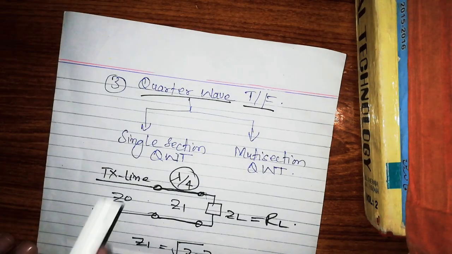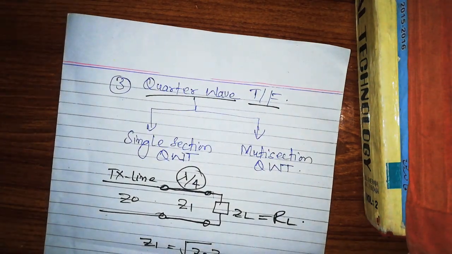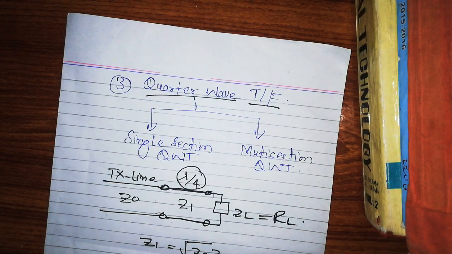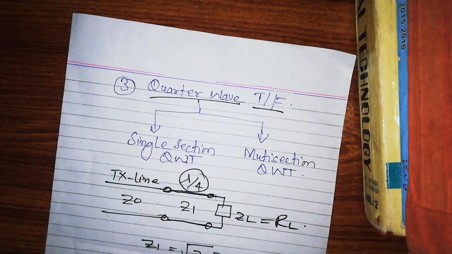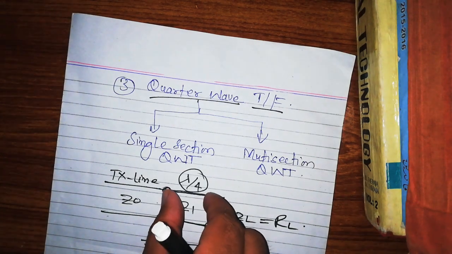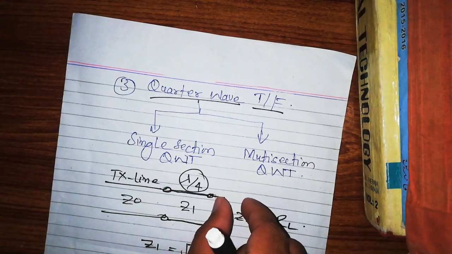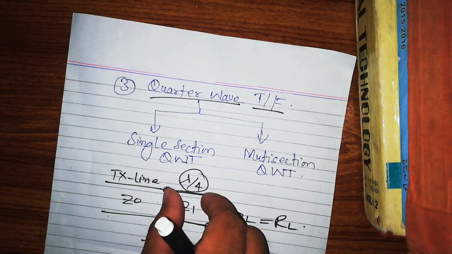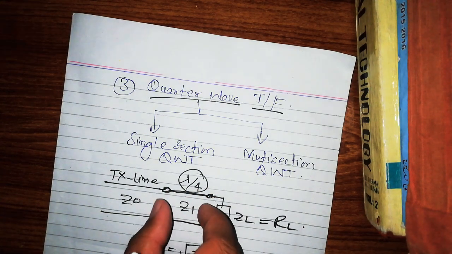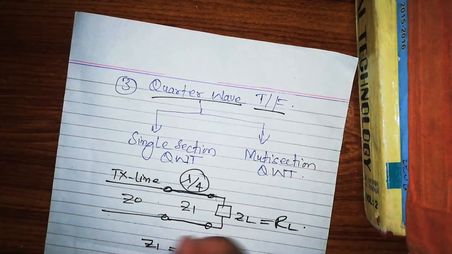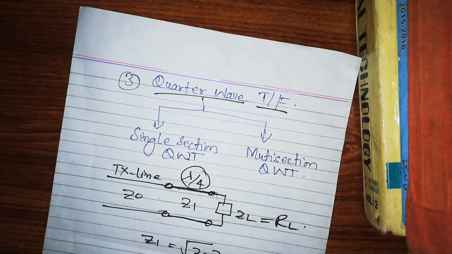There are two types of quarter wave transformer: the single section quarter wave transformer and the multi-section quarter wave transformer. In the multi-section quarter wave transformer, we use different sections of quarter wave transformers, each of length lambda by 4, and the characteristic impedances may be Z1, Z2, Z3, and so on.